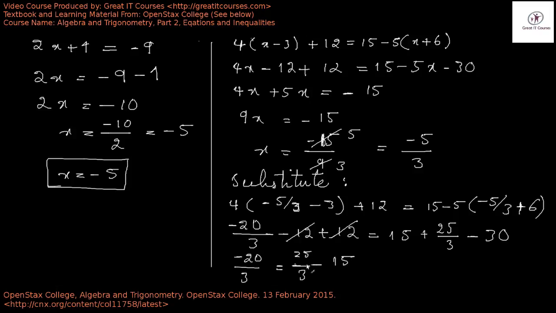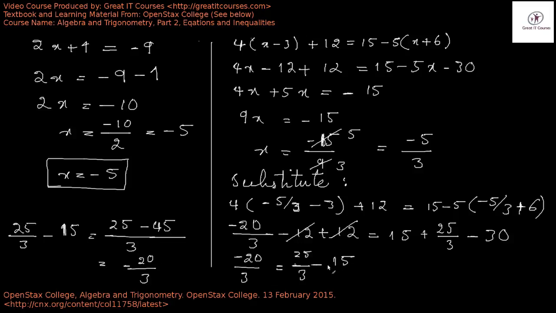So now let's do this side. Let's simplify this side. 25 by 3 minus 15 is equal to 25 minus 3 into 15, which is 45. So this is minus 20 by 3.